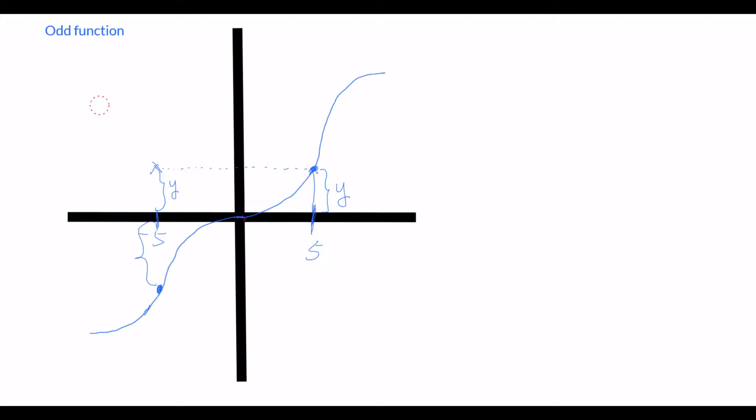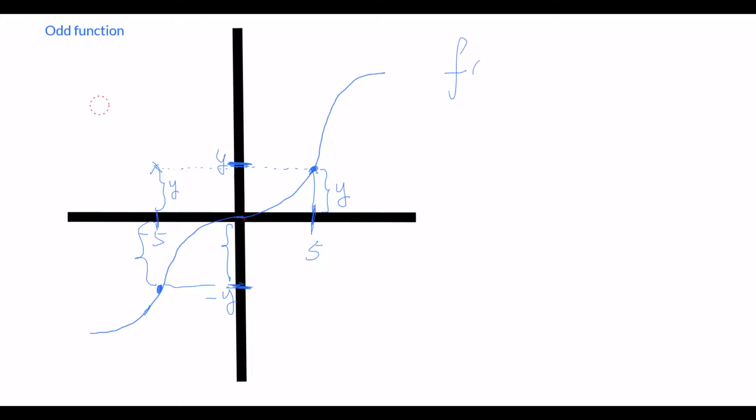But in this case, if this is y here, and this point comes to the lower part of the x-axis, in order to show that it is below the x-axis, the length is y, but we label this number as minus y.